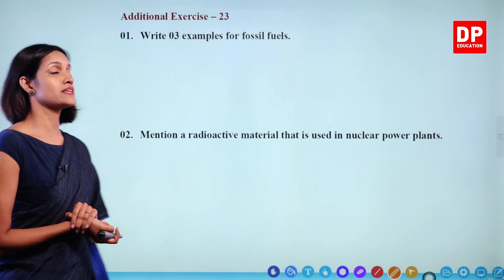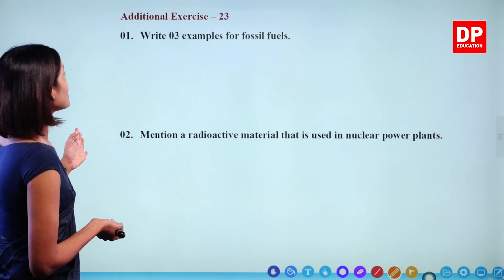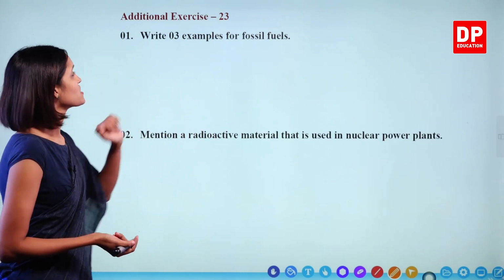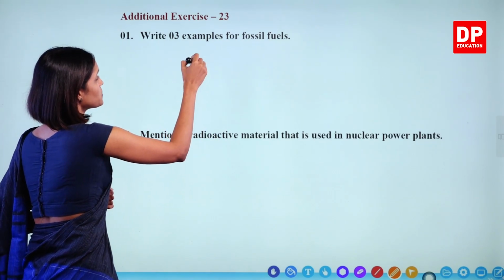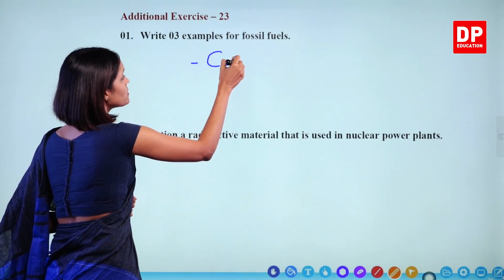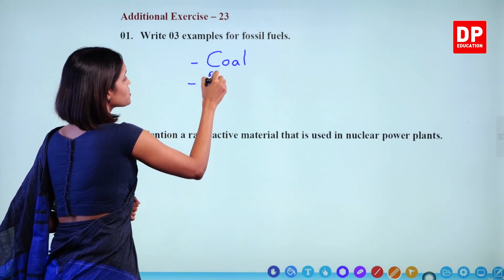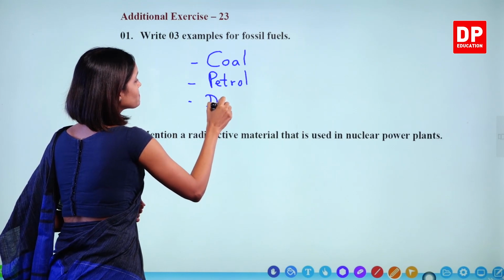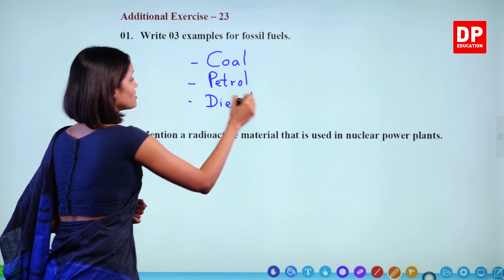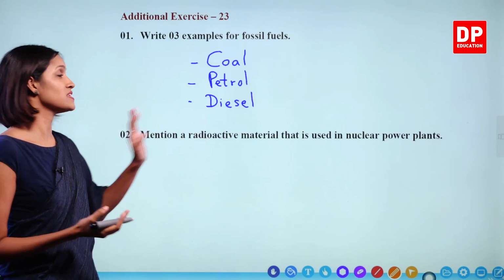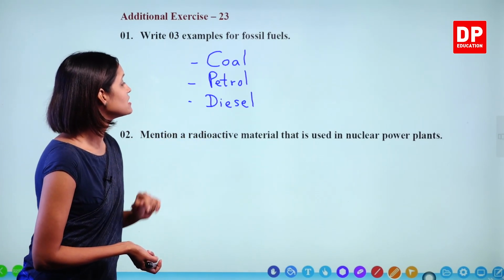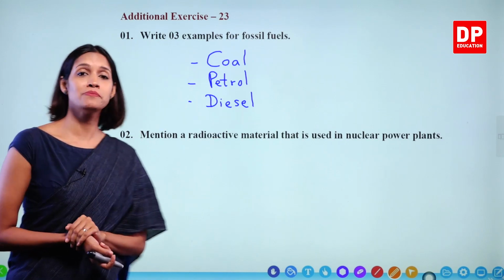Exercise number 23. Write 3 examples for fossil fuels. Now, this is very easy, children. Let's write what are the examples for fossil fuels. We can write coal, petrol, diesel, even kerosene. You can write it as an example. Number 2. Mention a radioactive material that is used in nuclear power plants.